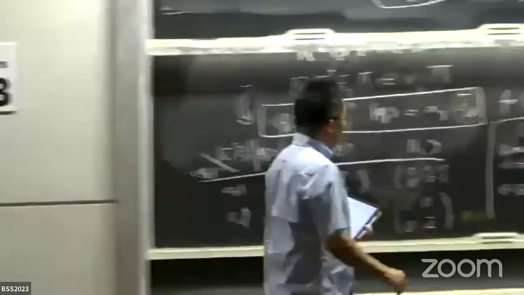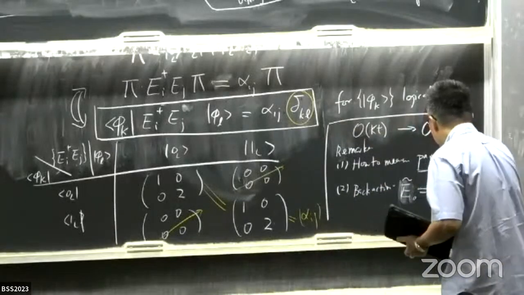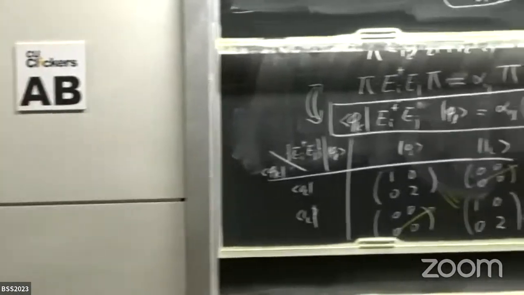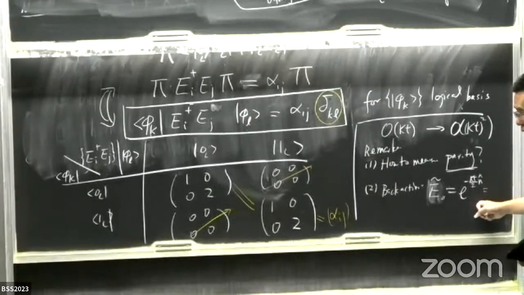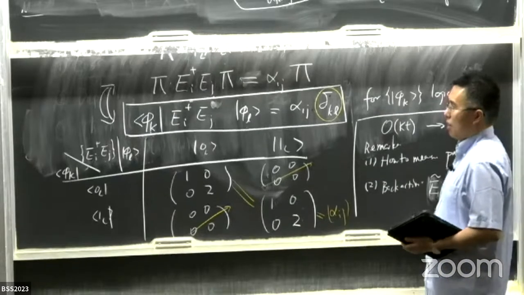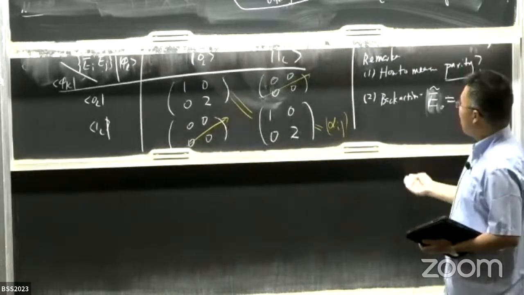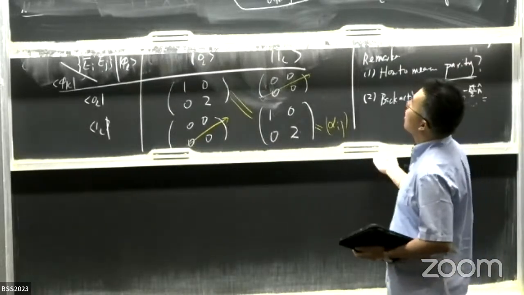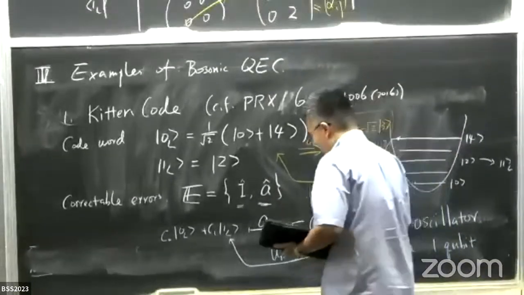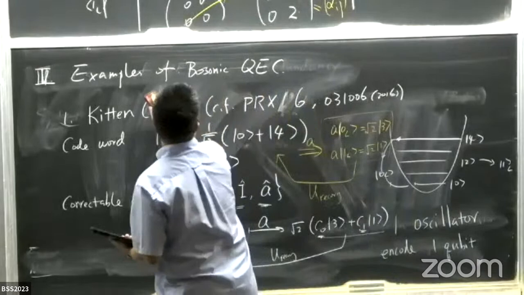When L is 0, this operator is essentially equal to e to the minus kappa T over 2 n hat. To the 0th order approximation, this is the identity operation if you treat kappa T as a small parameter. But even to the first order, there is already a deviation. And we actually need to treat that carefully in order to be able to fully correct that error. Okay, so let me just clarify this, and I think that will probably be the end of today's lecture.